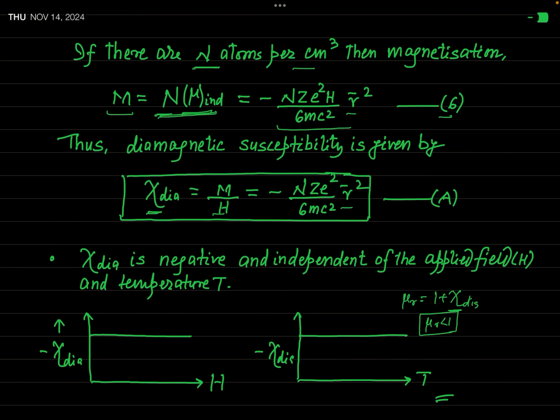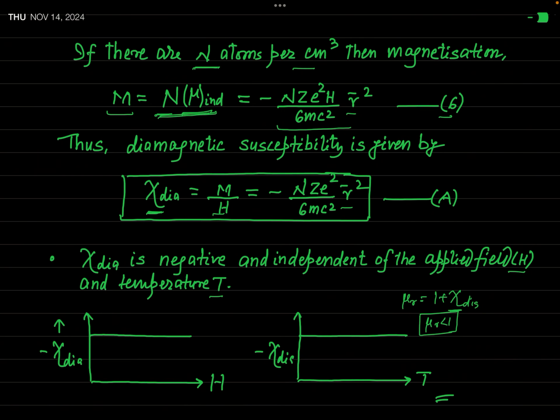Another remarkable fact in this result is what? You can see in the RHS of this equation, neither temperature T is present nor the field H is present. So you can say that the magnetic susceptibility of diamagnetic material is independent of the applied magnetic field H and also of the temperature. It neither depends on field nor on temperature.